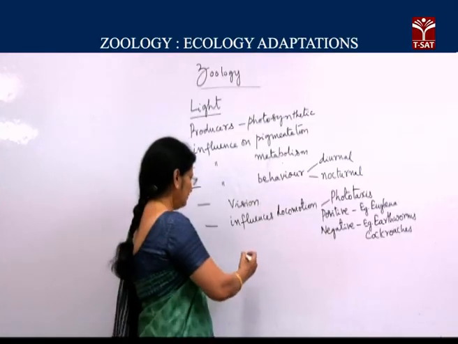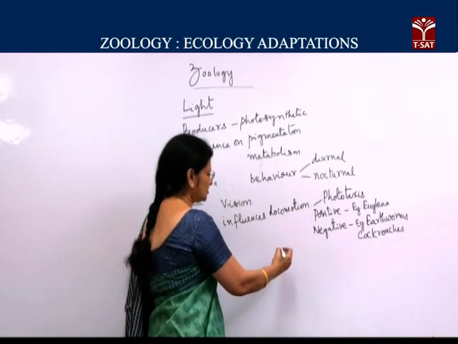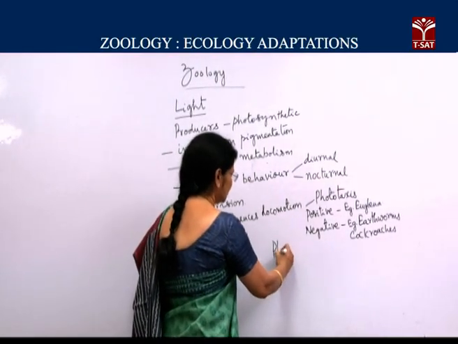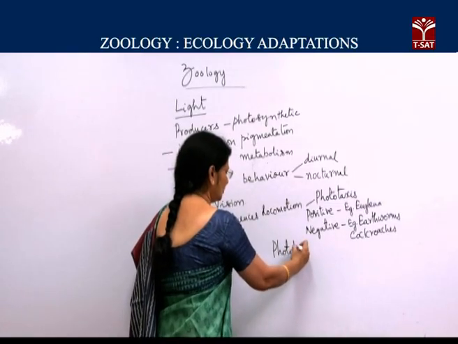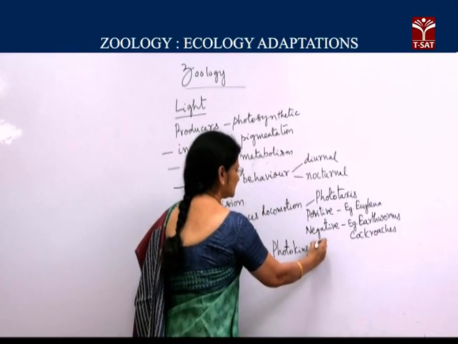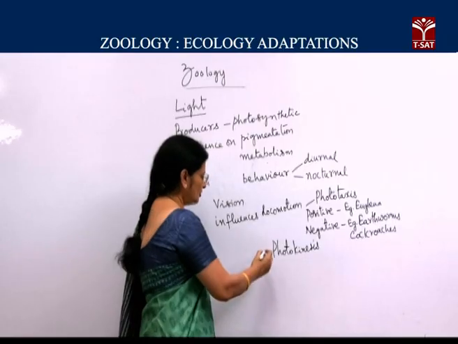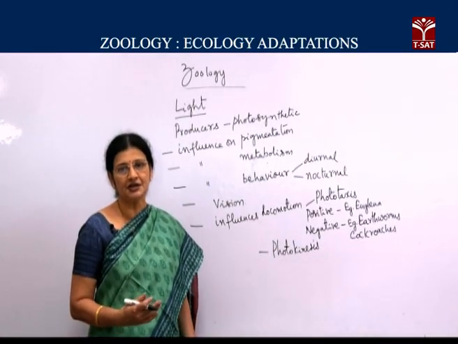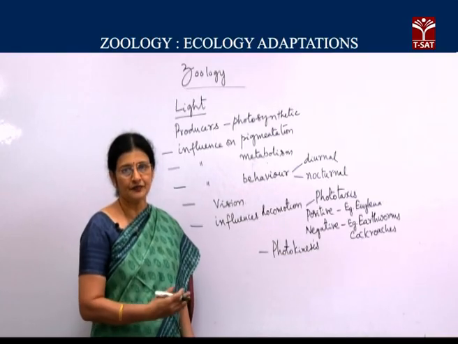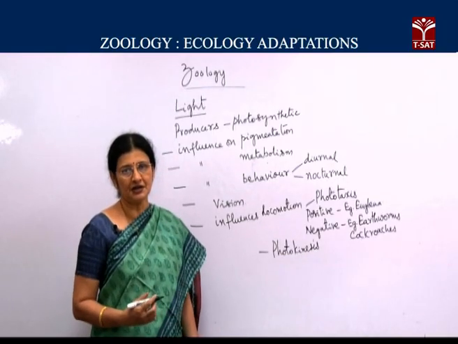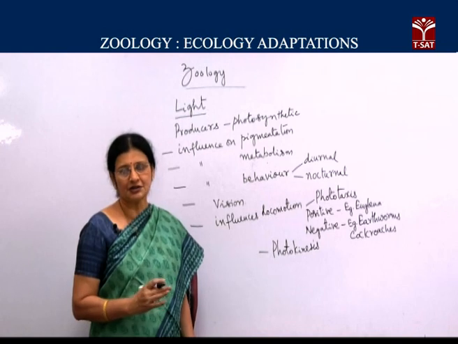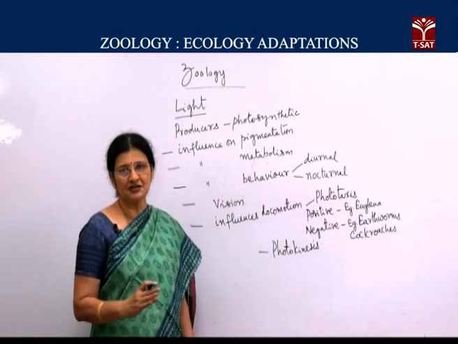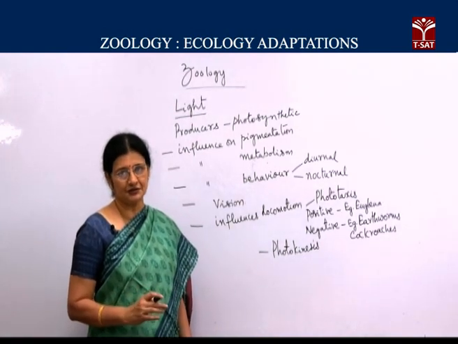Then, when it influences the speed of locomotion, it is called photokinesis. Photokinesis is, as you increase the intensity of light, the speed of the organism increases, but directional response is not present.